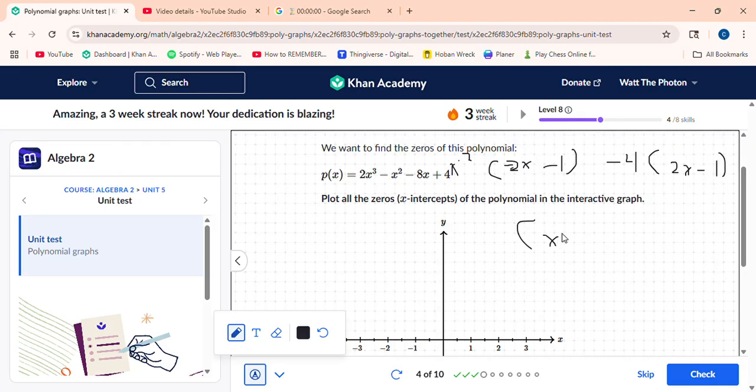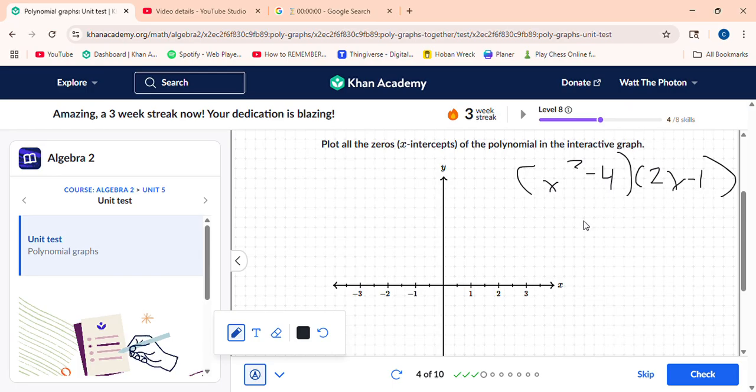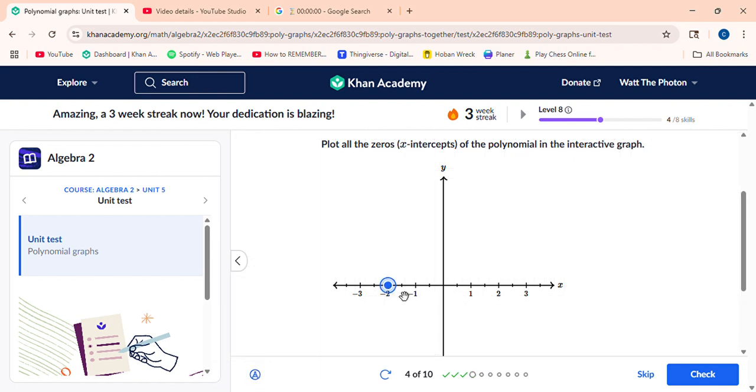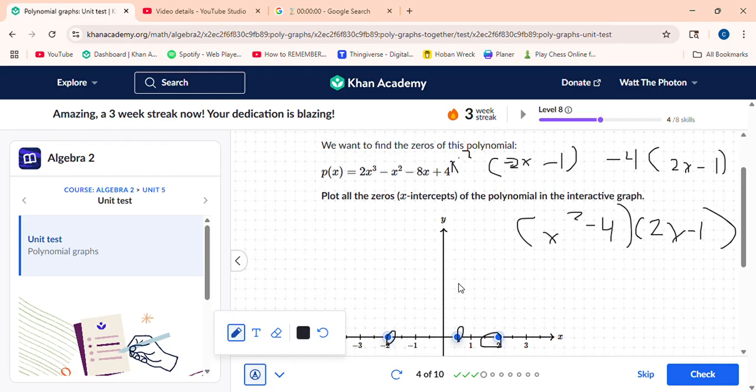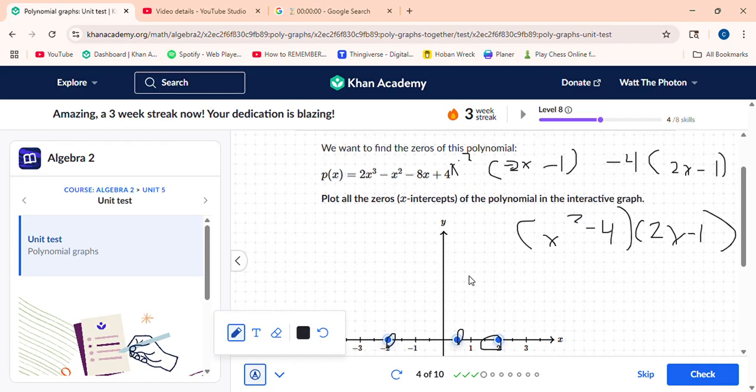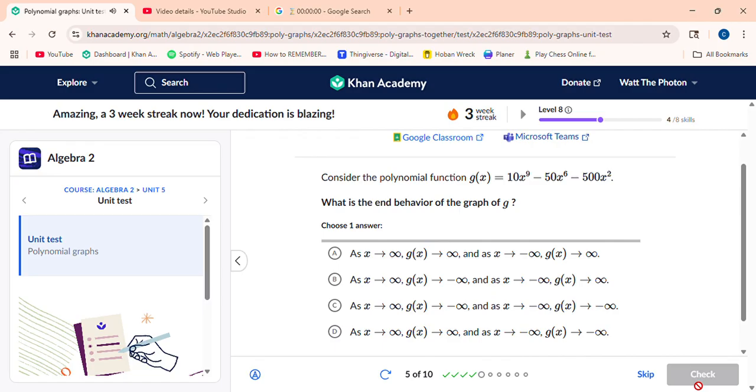So we get x squared minus 4, 2x minus 1. Positive 2, that checks out, -2, that checks out, so positive 2, -2, and then 0.5. Yeah, that should work.